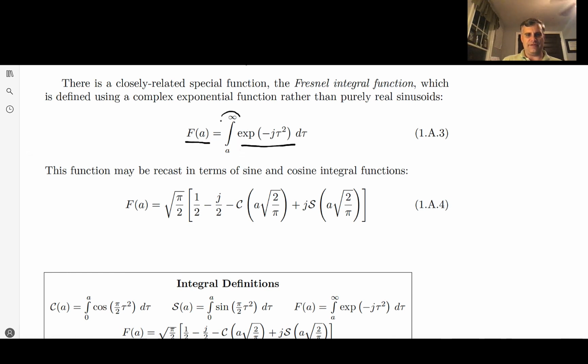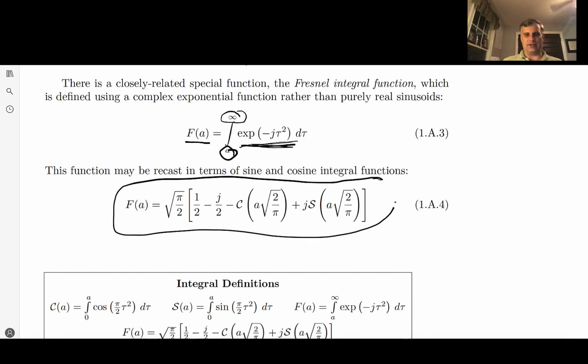We have an infinite limit at the top, to a, whereas the cosine integral was from 1/2 to a. And we're doing both complex values at the same time, a cosine and a sine. So you can relate the complex Fresnel integral and the cosine and sine integral functions through this relationship here.